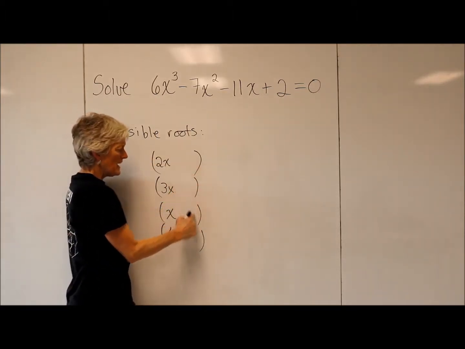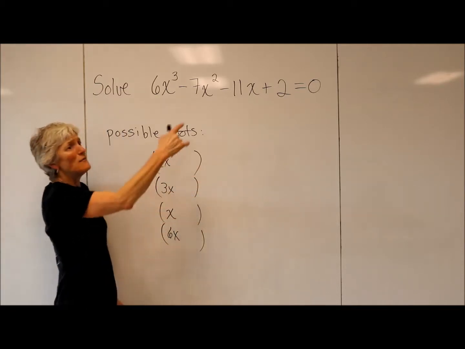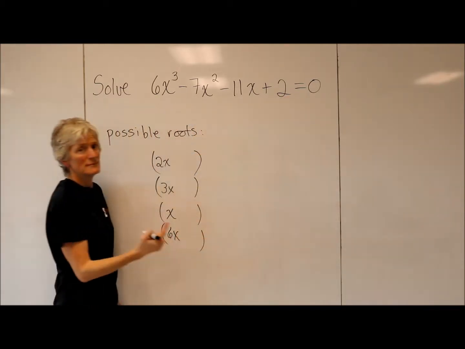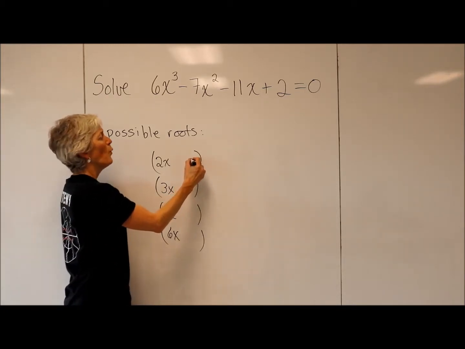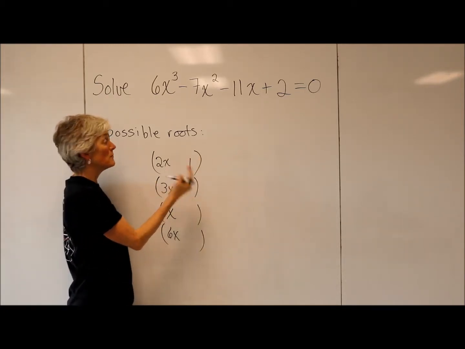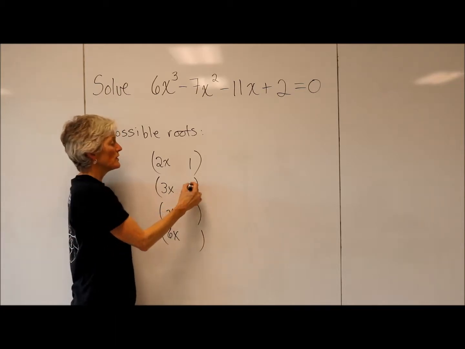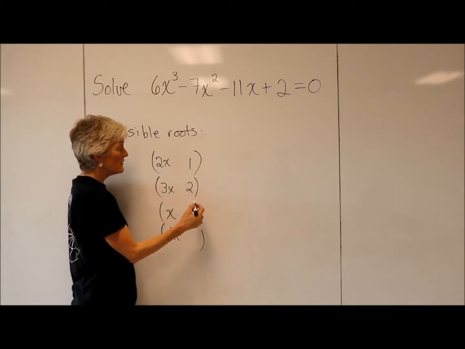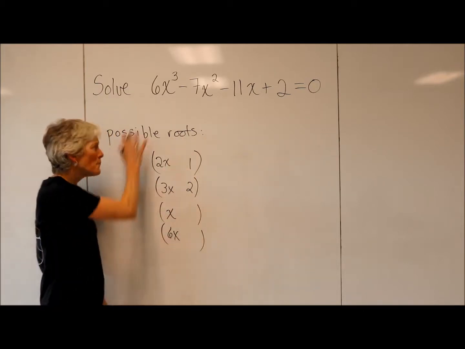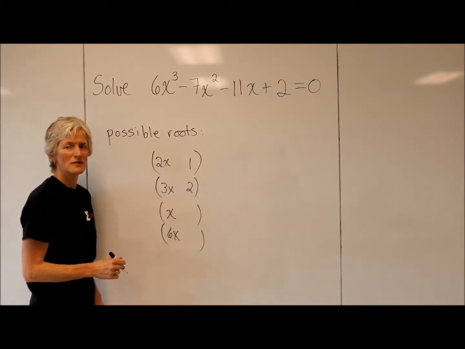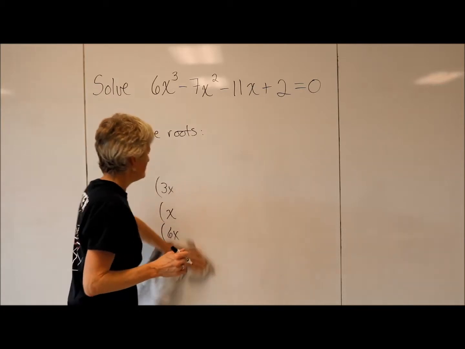The thing that would be here would have to be a factor of the last term. Well, fortunately, there are fewer factors of 2. So maybe it would be a 1 or a -1 or a 2 or a -2. You see where I'm going? So I could list a whole bunch of possible factors. And there's kind of a shortcut.